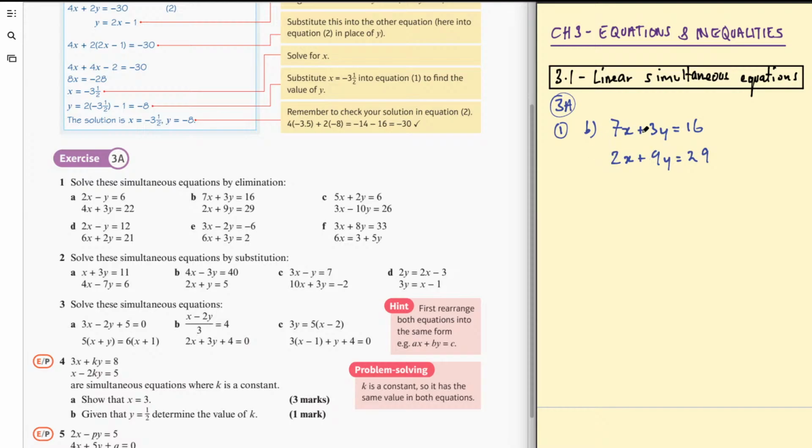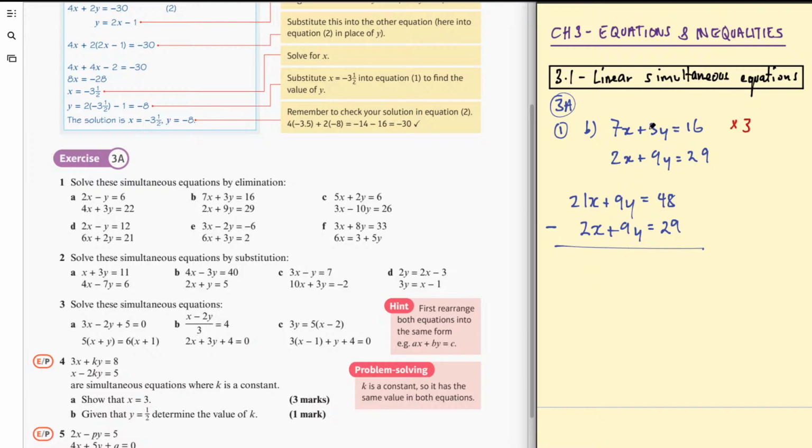Here, because if I multiply the first equation by 3, I'm going to have 9y in both equations, I'm going to use elimination. Multiplying this by 3, we get 21x plus 9y equal to 48. The second equation stays the same, 2x plus 9y equal to 29, and we're going to subtract that.